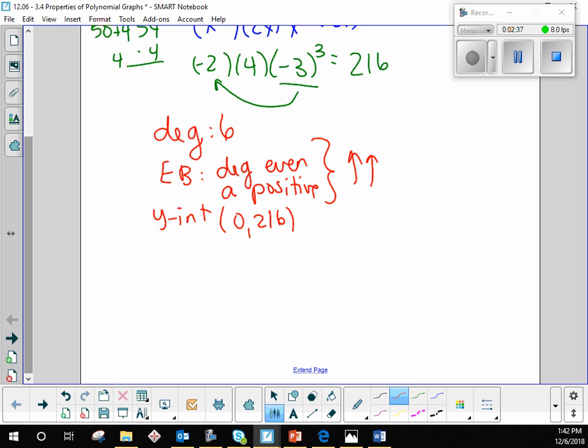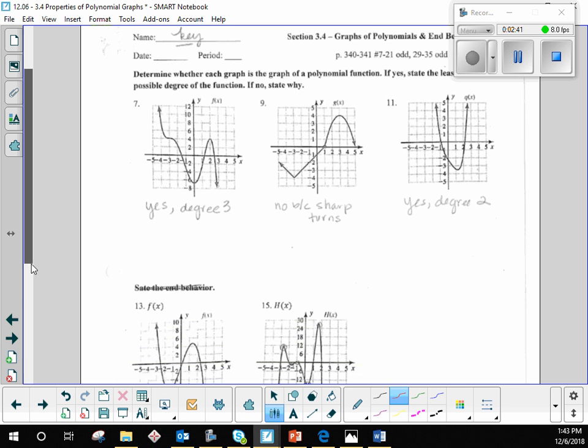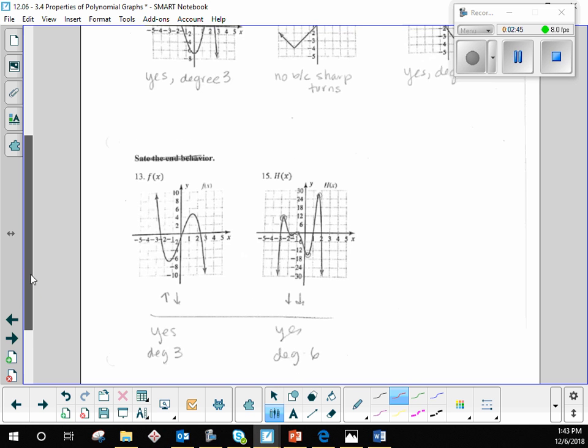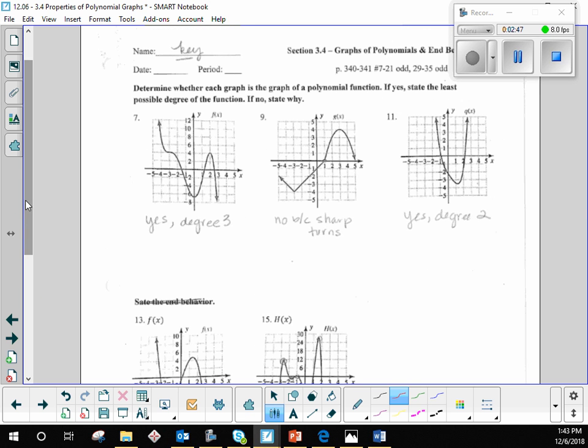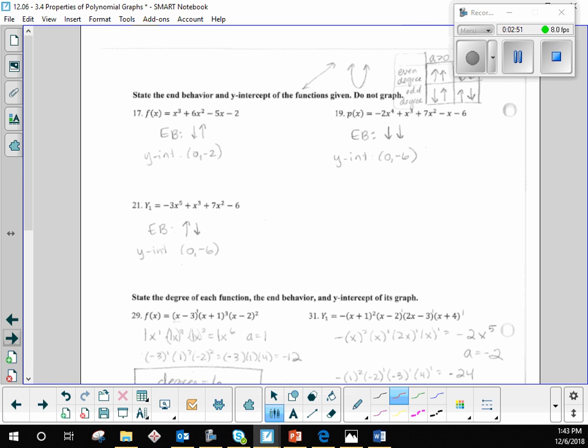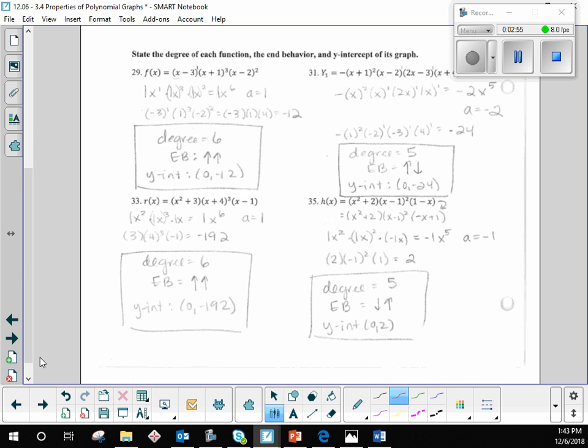Does anybody need this up anymore? Are there homework questions? Someone did tell me I made a mistake somewhere on the key. I don't remember what it was. Did anybody do the homework? Oh, yes. Someone lied in third period about doing the homework.